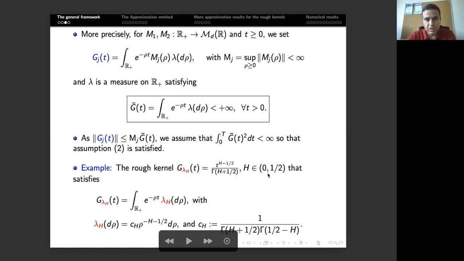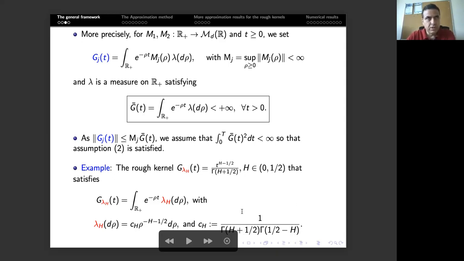If H is in this range between 0 and 1/2, then it's clear that one can write the kernel as a Laplace transform of some positive measure that is denoted here in this talk as lambda_H, and lambda_H is nothing but rho to the power minus H minus 1/2, up to some multiplicative constant c_H that depends on the gamma function of the parameter H.